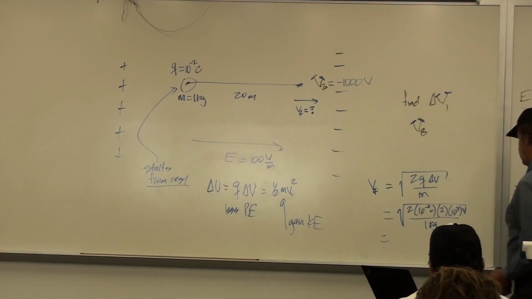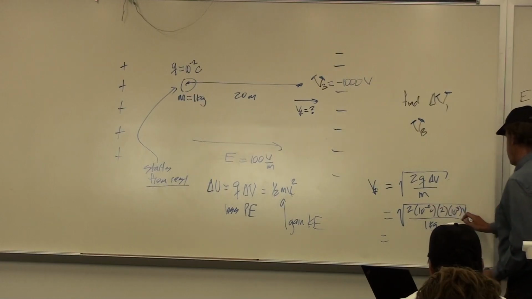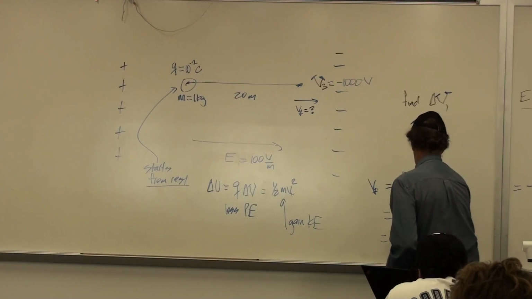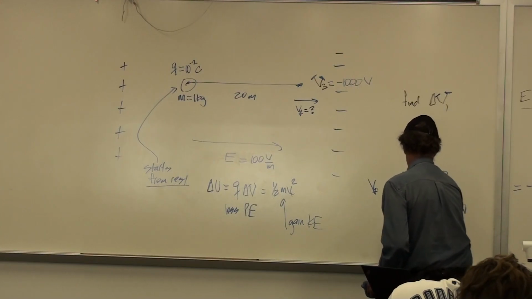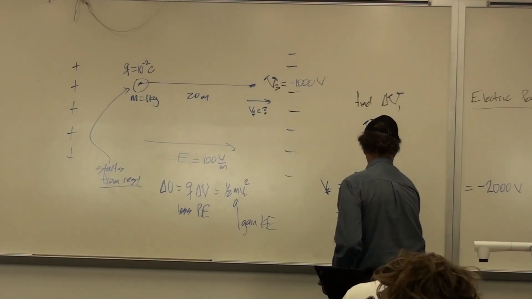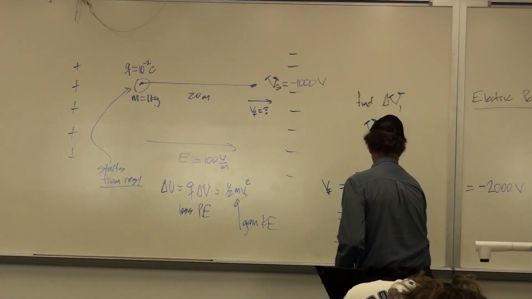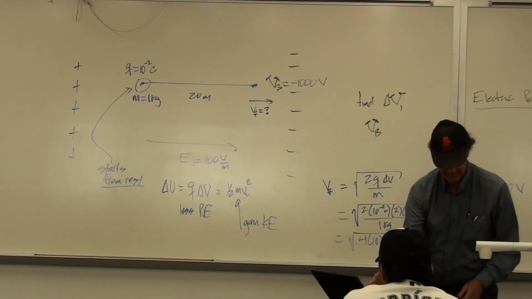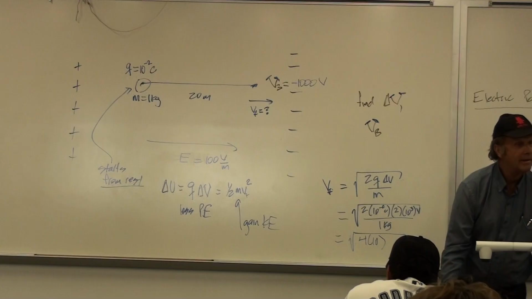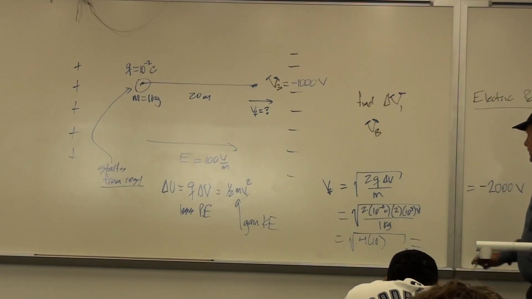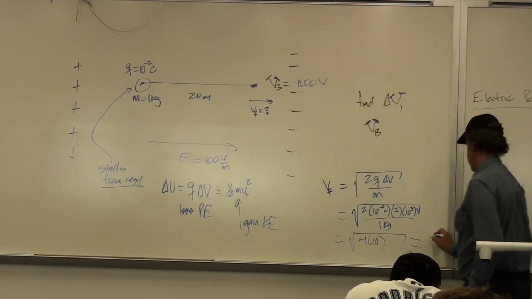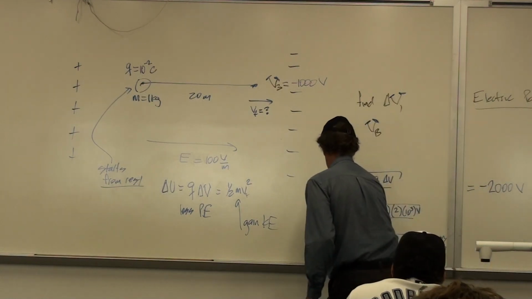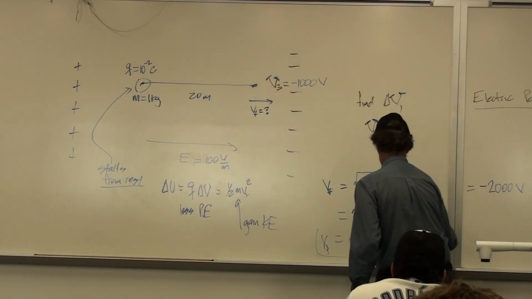So this is going to be 10 to the 4, times 2, then the square root of 4 times 10, square root of 40. It's 2 root 10, which is 6.3 meters per second for V.